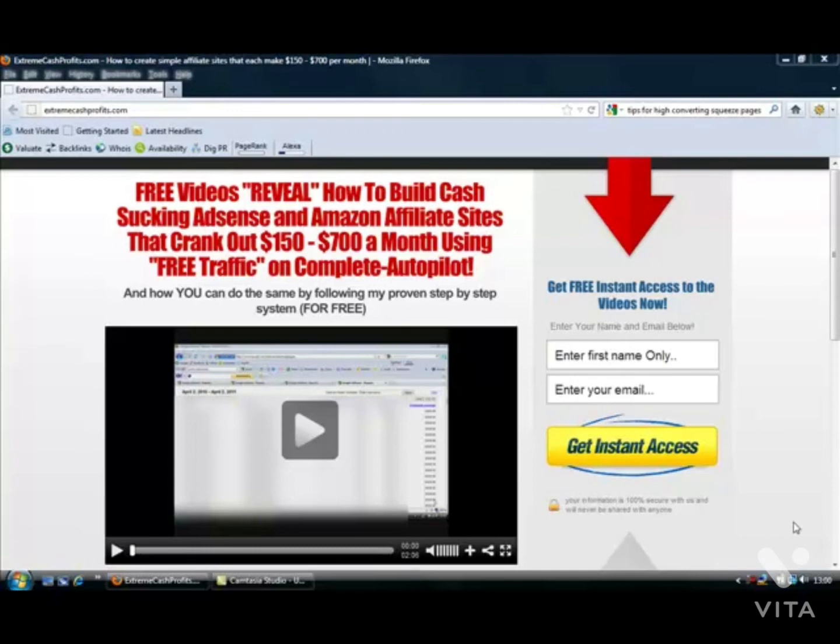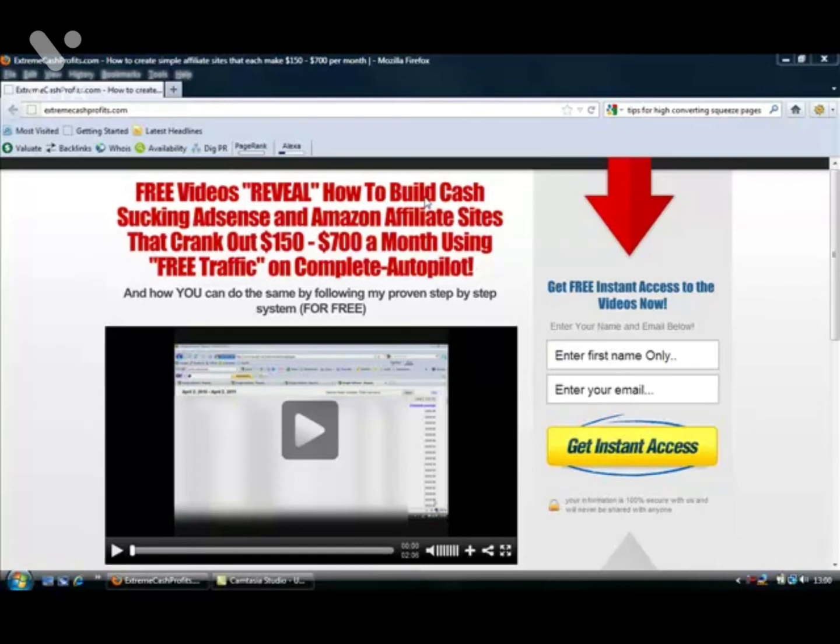The first tip is going to be use power words in your headline. Power words, I mean words like reveal, free, basically words that really pull people in, and it creates attention. I've also used the words cash sucking, because cash sucking is a lot better than using the word making.